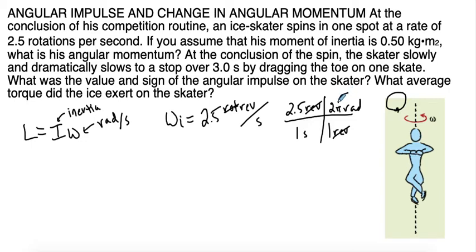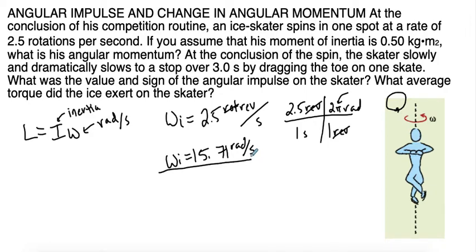Now I don't want this in terms of pi. It might be best to drag that through the entire time, but I'm going to round this to get us a decimal to carry through. So my initial angular velocity is going to be 15.71 radians per second. So that's our initial angular velocity that our skater has.